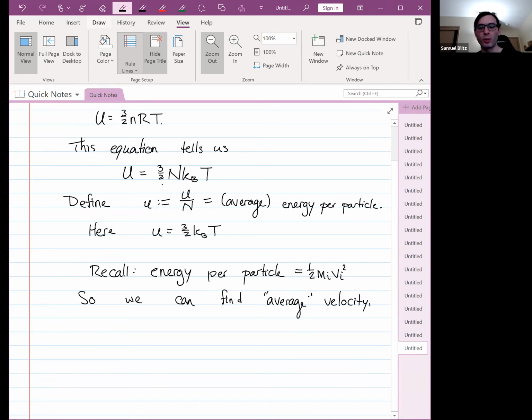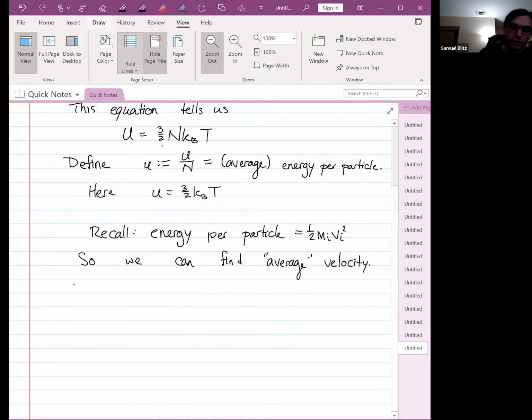And so we need a different way of computing the average, because you could have two velocities that have the same magnitude but point in opposite directions, and they would contribute nothing to an average. We want to figure out in some way an average speed. So what we're going to do is compute the root mean square, the RMS velocity. Now, the RMS velocity is basically exactly as it sounds.